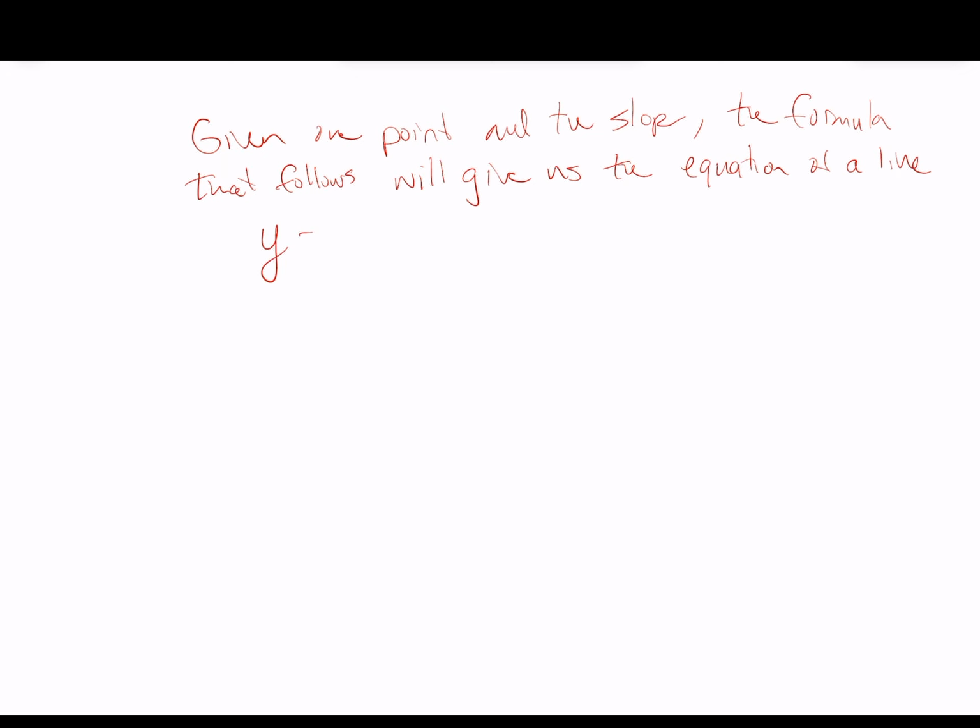So y minus y1, y subscript 1, is equal to m, the slope, times x minus x1. So x1, y1 is a point on the line.